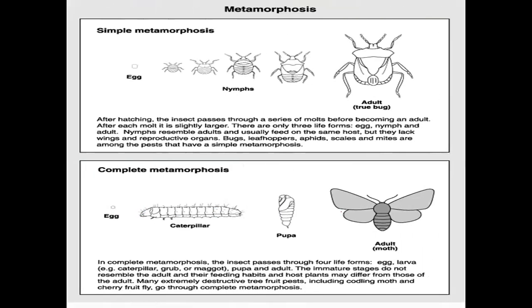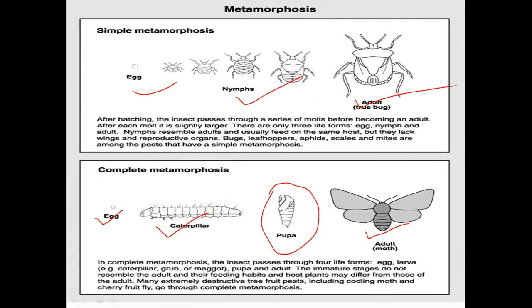Now, between simple and complete metamorphosis, I am showing you some differences, and we can differentiate easily. In simple metamorphosis, only three stages are present: egg, then nymph, and finally adult. But in complete metamorphosis, there are the egg stage, larval stage, and, very important, the pupal stage, and finally the adult stage.